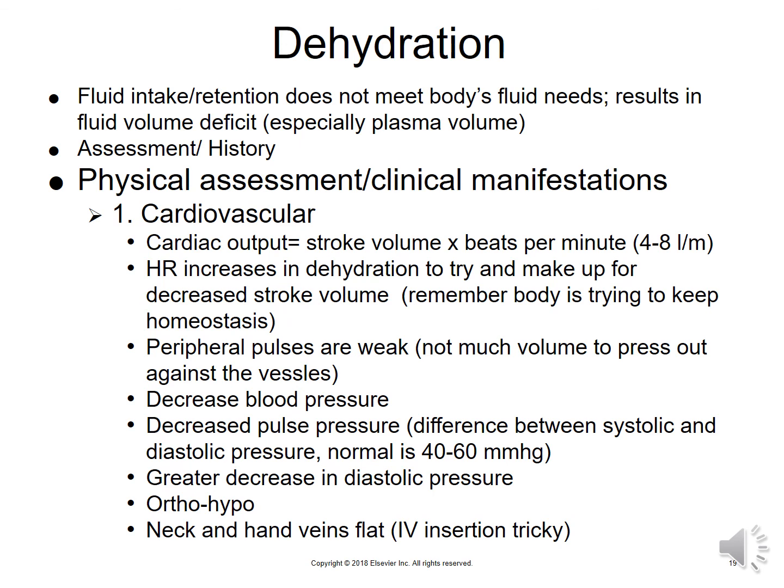Let's start with assessment. We need to assess dehydration by keeping super accurate I's and O's, okay? You need to be assessing that daily weight. And remember that 1 liter of water equals 1 kilogram, that equals 2.2 pounds of water.